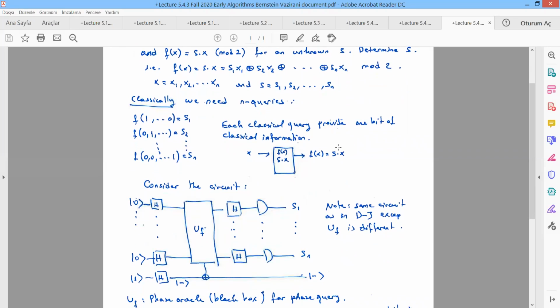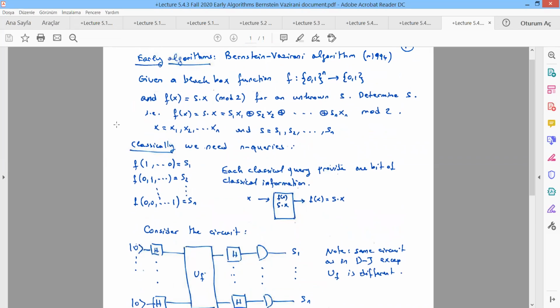Classically, we need n queries, right? It's obvious to see, because to definitively know what s1, s2, up to s sub n are, you need n queries, because for each query you can deduce only one s. Let's suppose the input is f(1 0 0 0 0).